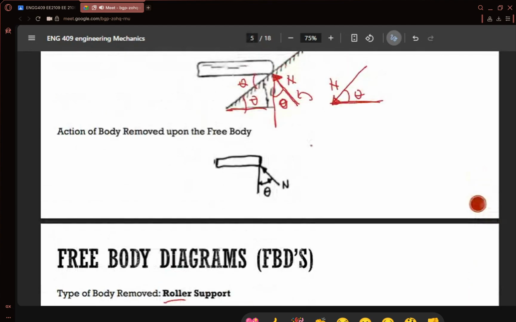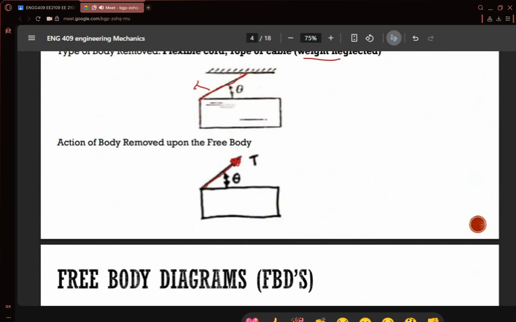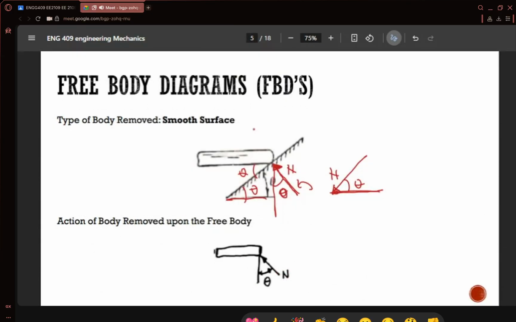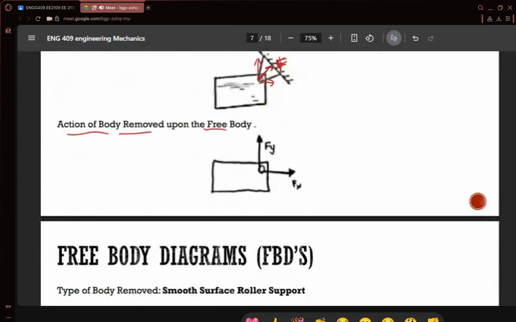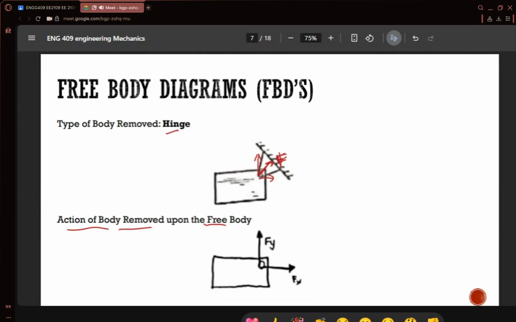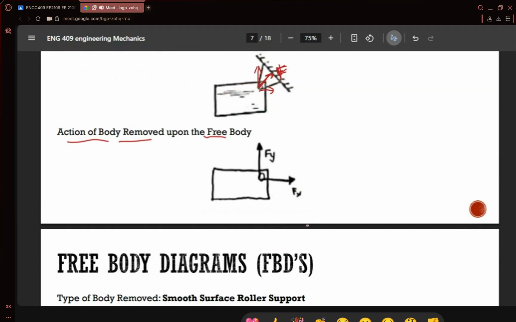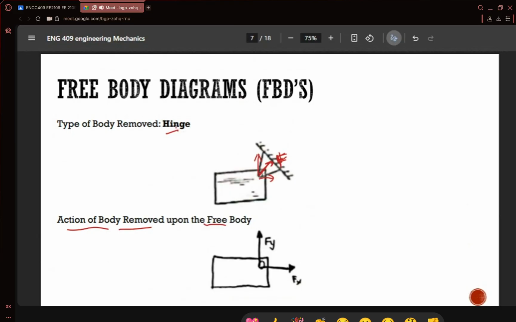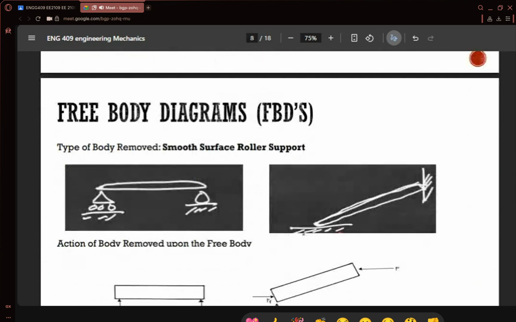When you go back to the tension, this rope is like pulling the body or preventing it from falling. So the same with a hinge, only that this time, it's like you're having two ropes here. That's why you have a y component and x component. Okay, so remember that. If the given is a hinge or it's mentioned that the support is a hinge, you will have two component forces already.